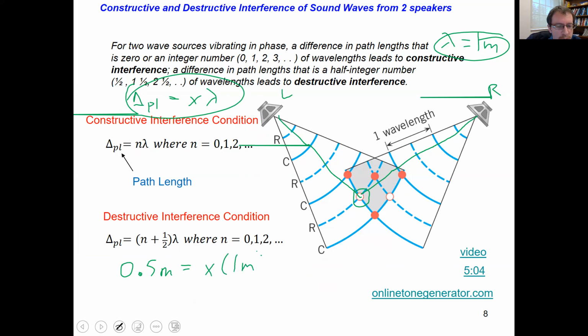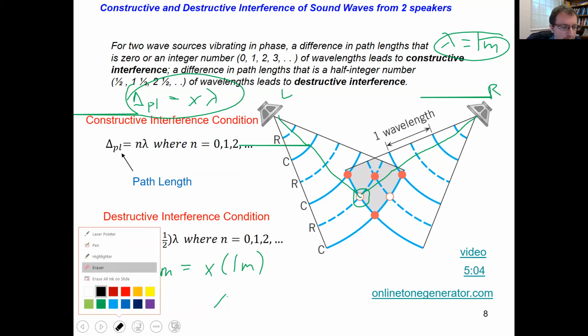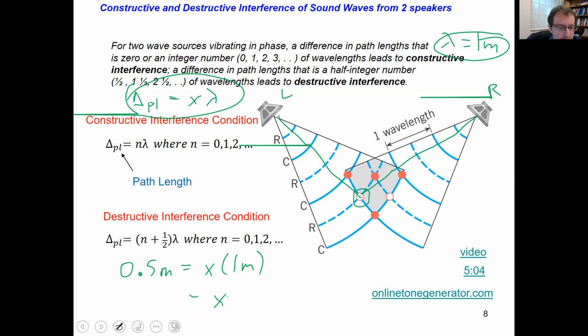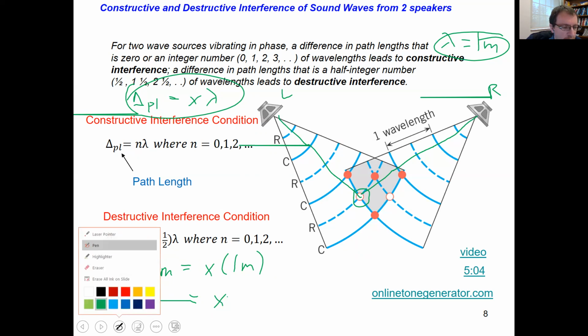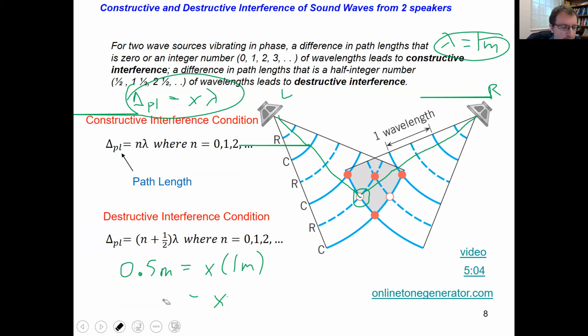Lambda is 1 meter, so if I divide 0.5 by 1, I can see that X equals 1/2. That's the multiplier on my lambda in this case.